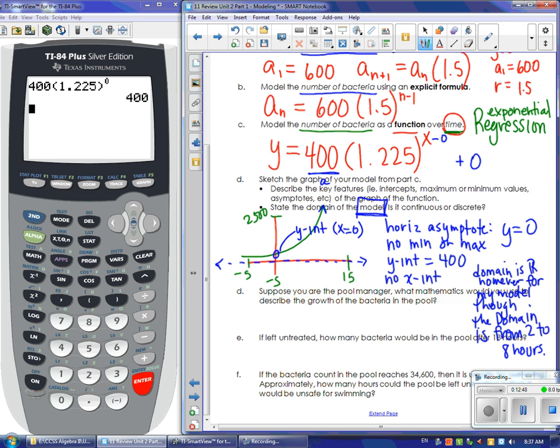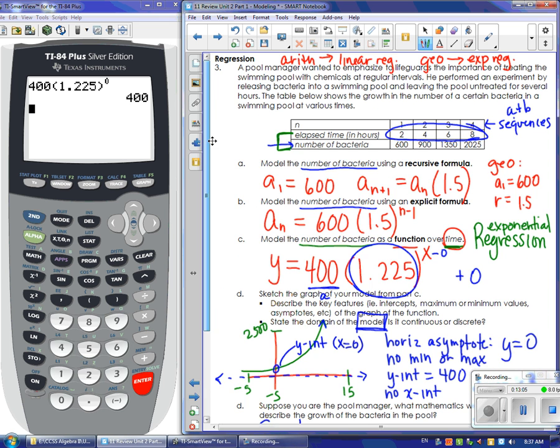So in letter D, it says, suppose you're the pool manager. What mathematics would you use to describe the growth of bacteria? Well, notice this is my rate of growth. Now notice in the table it's every 2 hours. So every 2 hours, the rate of growth would be 1.5 times.